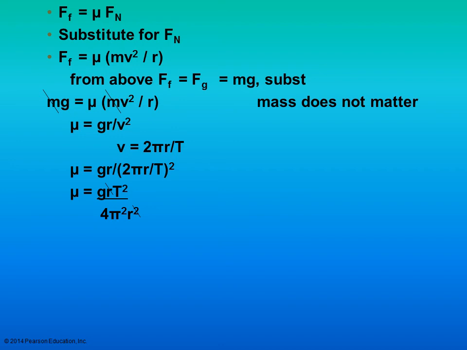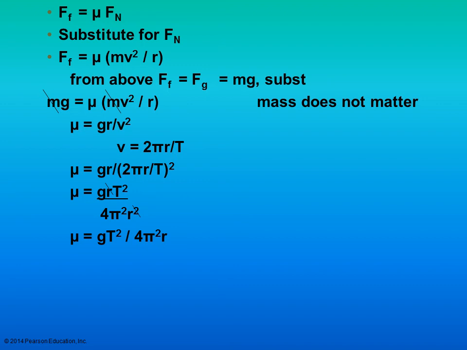When I look at it this way, I just put the square in there. So it's the acceleration of gravity, g, times r, times the period squared, divided by 4 pi squared times r squared. I can divide out a radius and come up with this equation: mu equals g times T squared divided by 4 pi squared r.